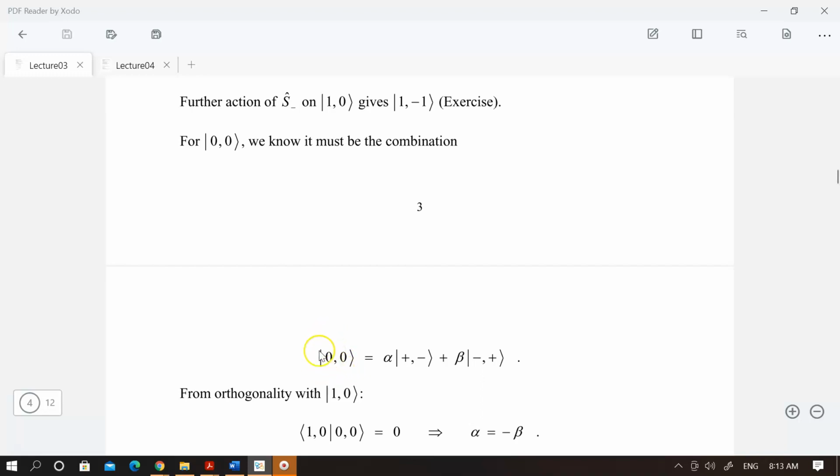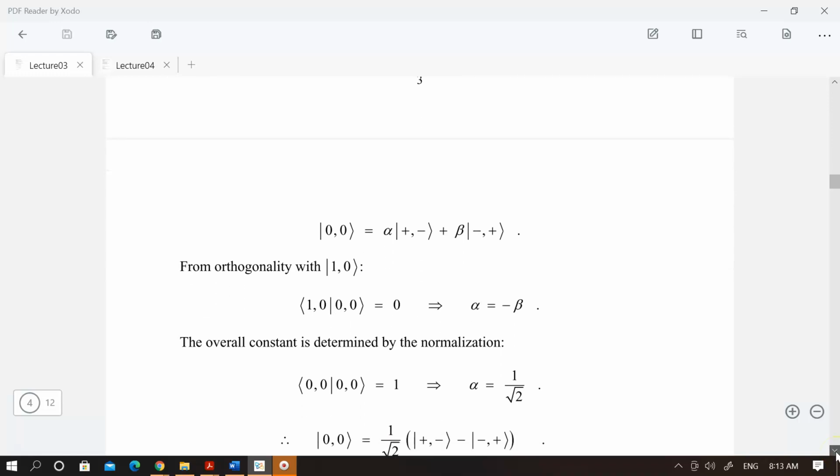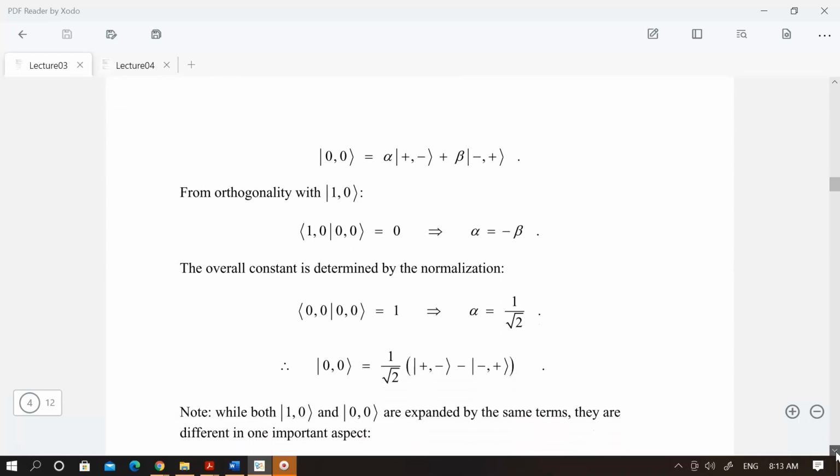Remembering that the eigenstates with different eigenvalues should be orthogonal, if I take the spin 1 state with m equals 0, that should be orthogonal to it, and that should essentially fix everything with respect to the identification of the states.